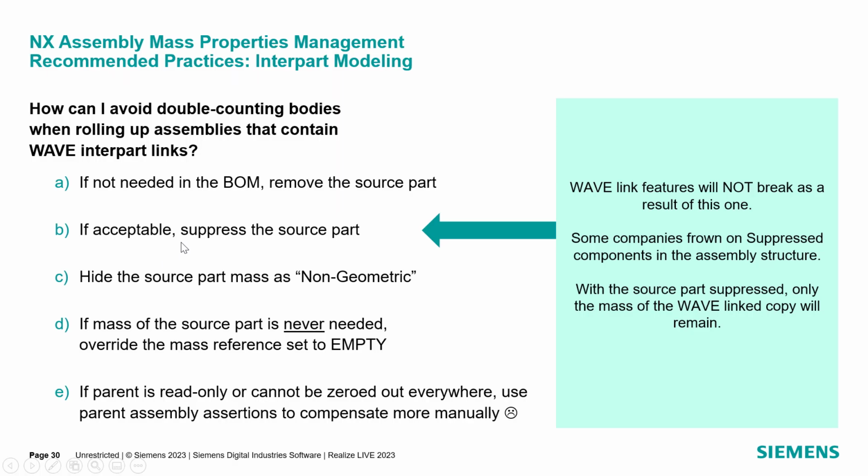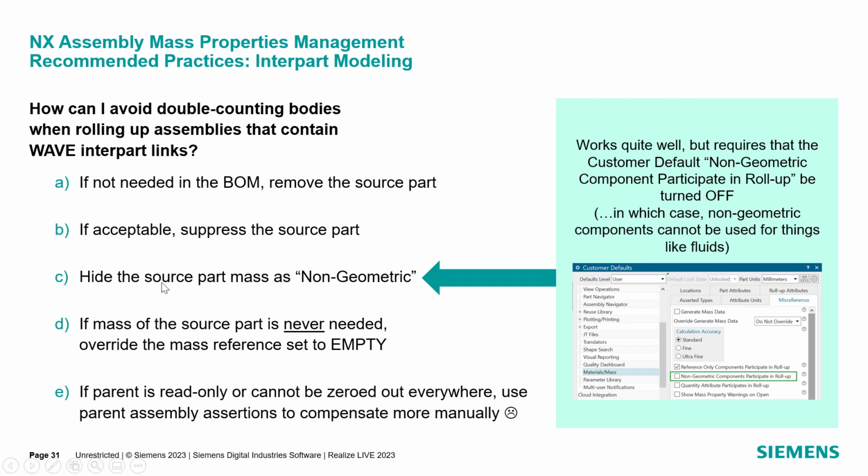Now, third one is this guy. And this one's a little interesting. We could hide the source part mass out there by making it a non-geometric component, okay? Now, as this describes over here, this works really well, but you need to turn off a customer default that talks about non-geometric components participating in the roll-up, right? There are a couple different ways that customers like to use non-geometric components.